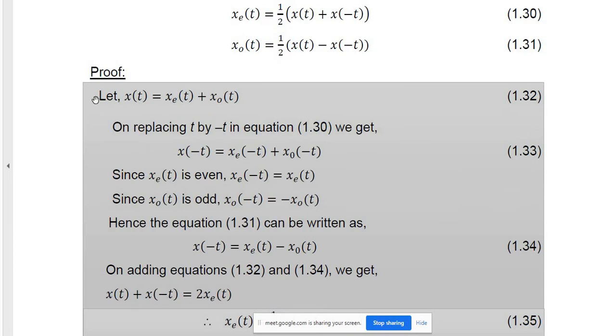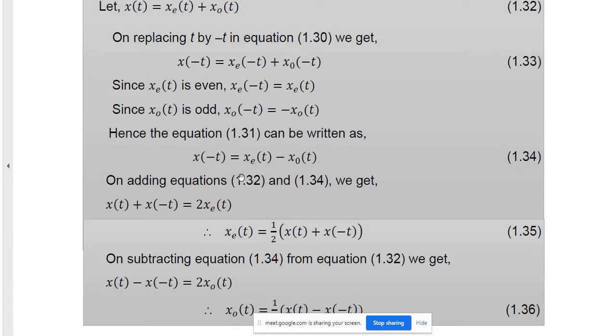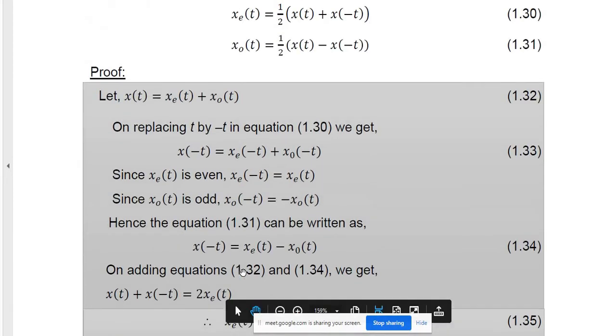And this proof is to show how to get the equation of x even and x odd. You can read it on your own. The steps are here. I think this one is not equation 1.31; it should be 1.29.